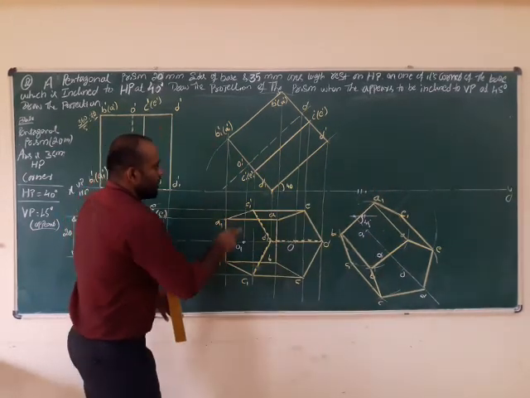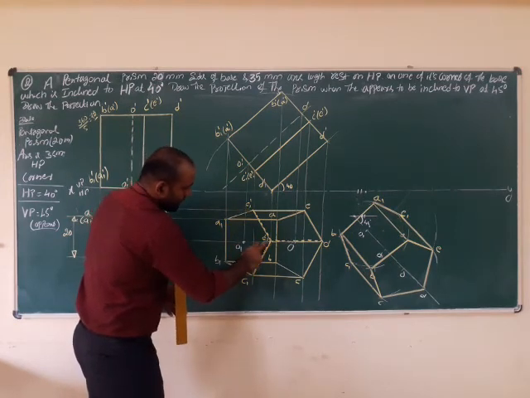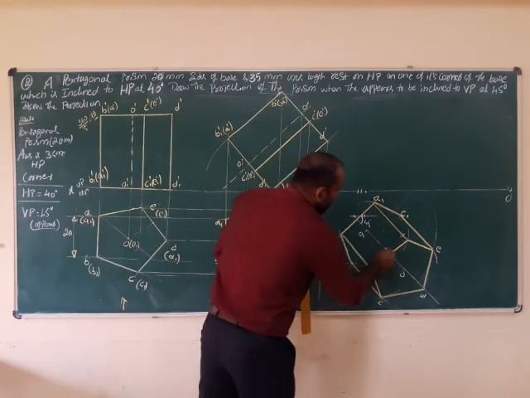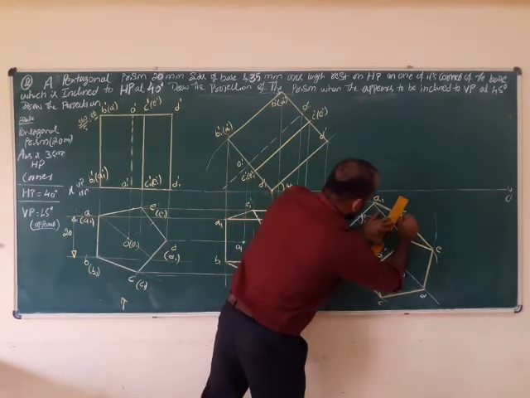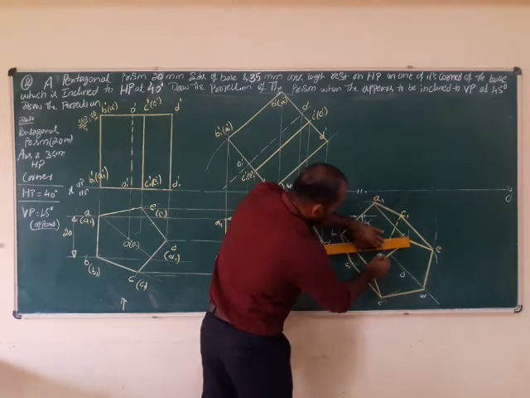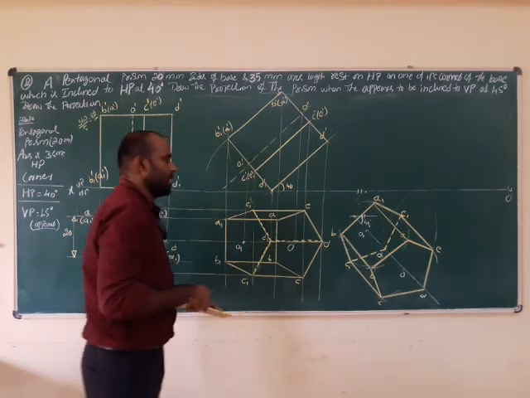After that, the dotted line from D1 to E1, and D1 to C1 dotted line. D1 to E1 and E1 to C1 dotted line.